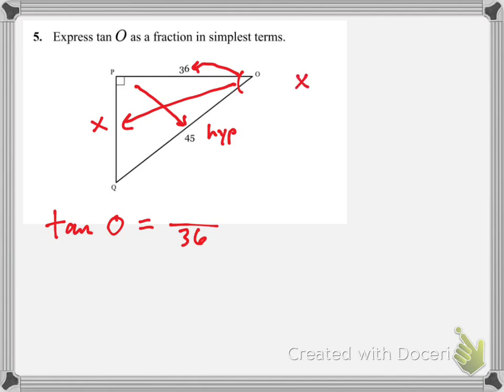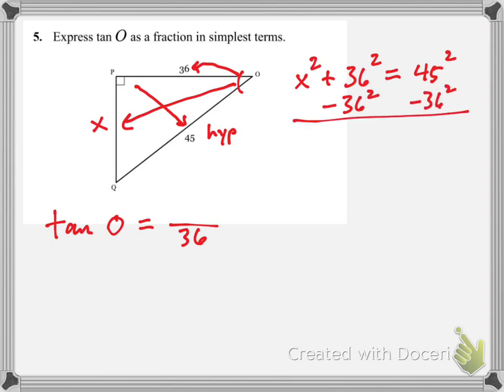Okay, so I've got x squared plus 36 squared equals 45 squared. Because remember, 45 is the hypotenuse, which is c. So I subtract 36 squared from both sides. So x squared equals 45 squared minus 36 squared.